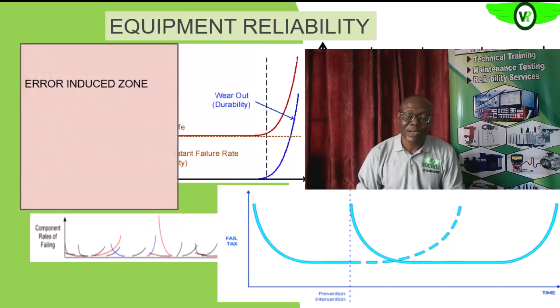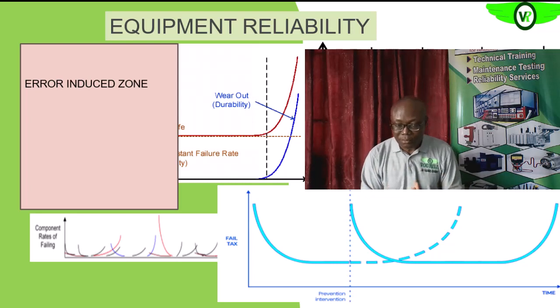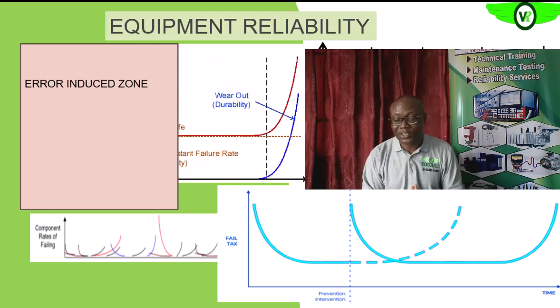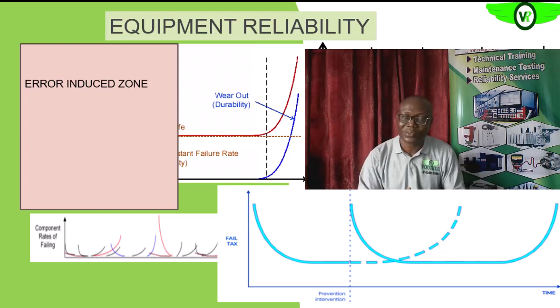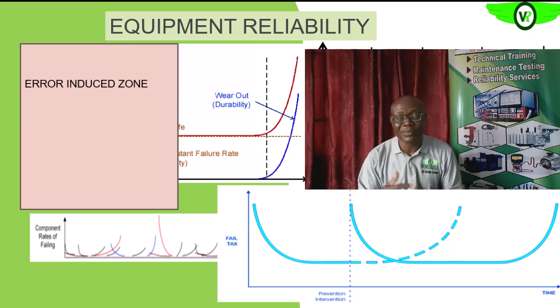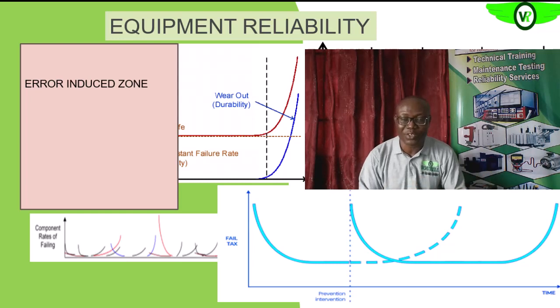Now, remember we said the infant mortality region, most of the unreliability issues, or the reliability issues that we have, they are actually induced. Okay, either maintenance induced or because of the equipment.